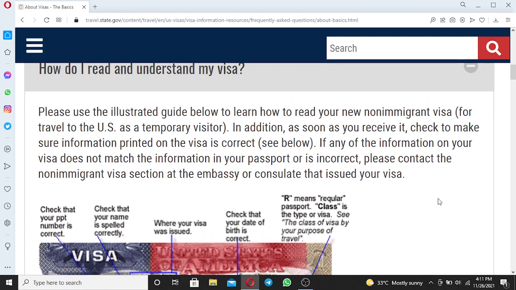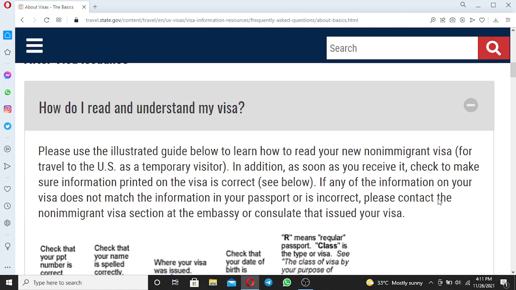It means if you have been issued a visa, what things you should be checking on your issued visa in order to see if there is correct information. So I will make a separate video explaining all about the things to understand when you have been issued the visa.